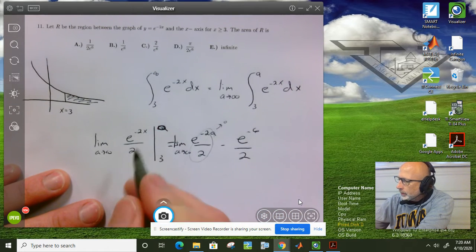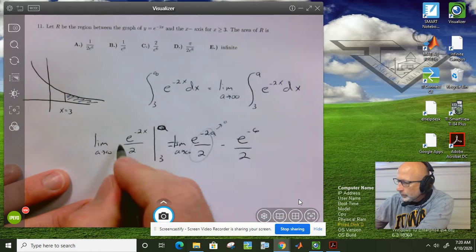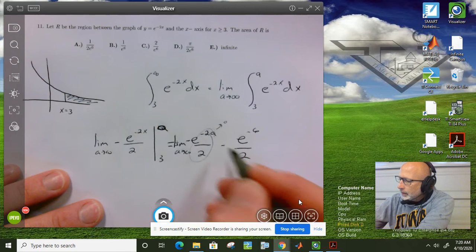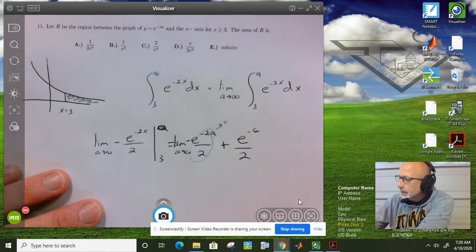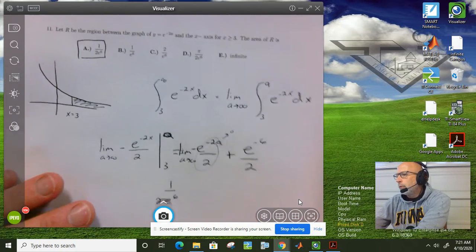And I goofed up here, I'm sorry. The derivative of negative 2x is negative 2. So this should be a negative, that should be a negative, that's a positive. Sorry about that. So when you do this, you get 1 over 2 e to the 6th power. So the answer is A.